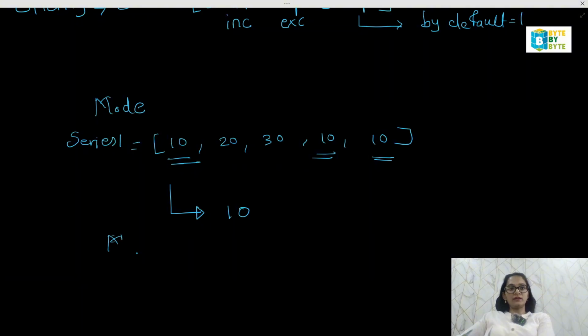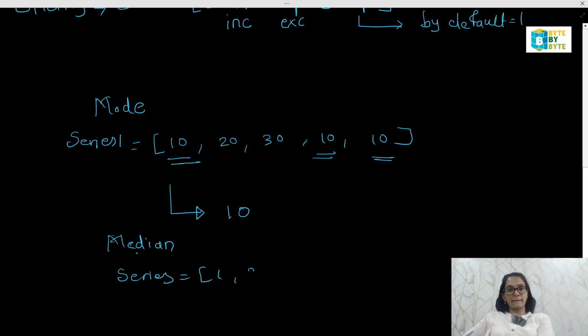And one more thing, what is median? Median means the middle value of the series. If you have an odd number of elements, you can clearly say 3 is your middle value.